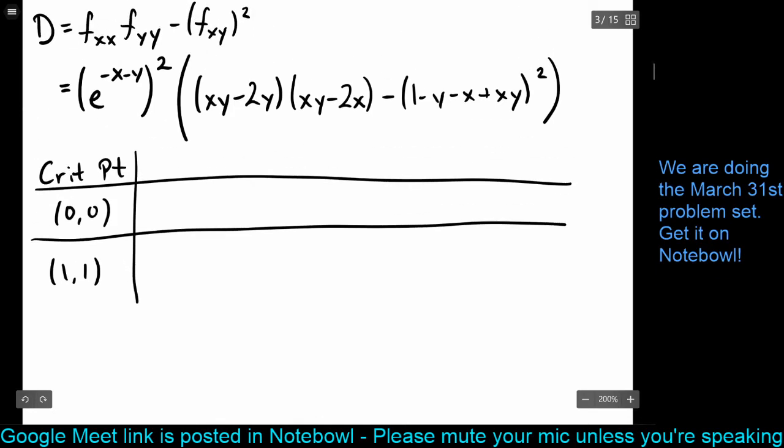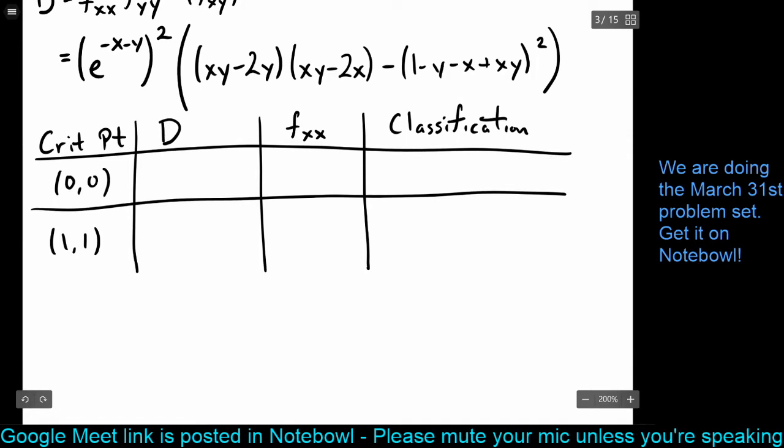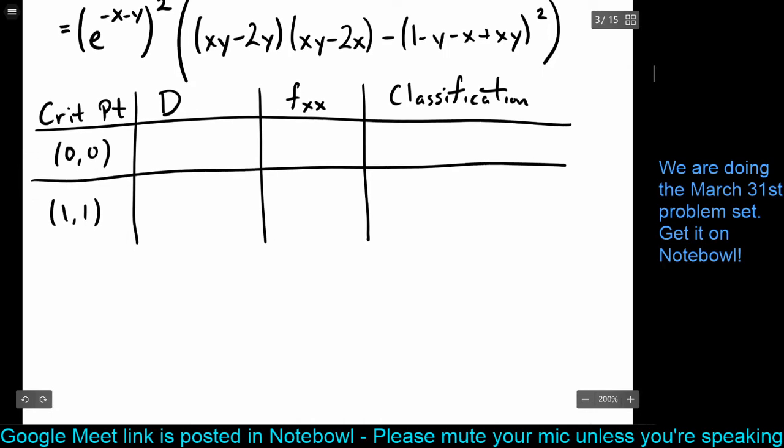There are two things we need to look at: the sign of D, whether it's positive or negative or 0, and then the sign of fxx, whether that's positive or negative or 0. And then we can classify it. Okay, let's get to it.